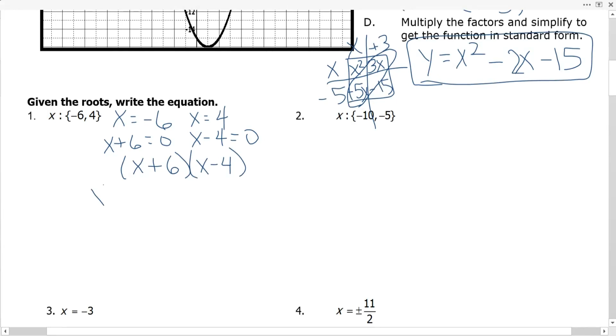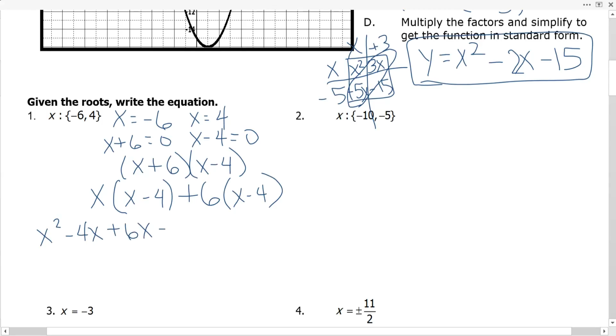I'm going to split apart my first one and multiply it times my second one. And I'm going to distribute: x squared minus 4x plus 6x minus 24. I'm going to combine these terms, x squared plus 2x minus 24. And that's my answer.